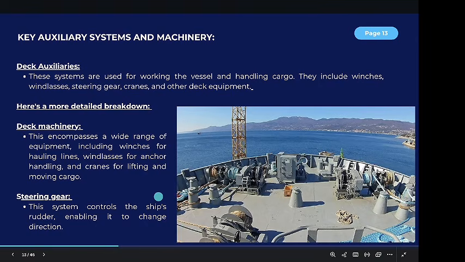We also have the lifeboat davits, used to lower lifeboats during emergencies. Generally, various pumps, compressors, and other equipment support the shipboard systems, like the engine room, electrical power generation, and other domestic services.